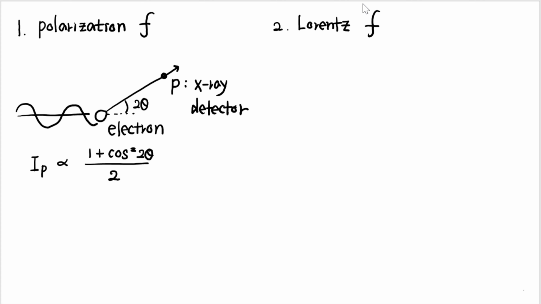For the Lorentz factor, there are two different things, and actually there are three, but we can make a grouping. The first one is from the Bragg peak. Bragg peak means, with y-axis intensity and x-axis 2 theta value, there must be something we need to consider.